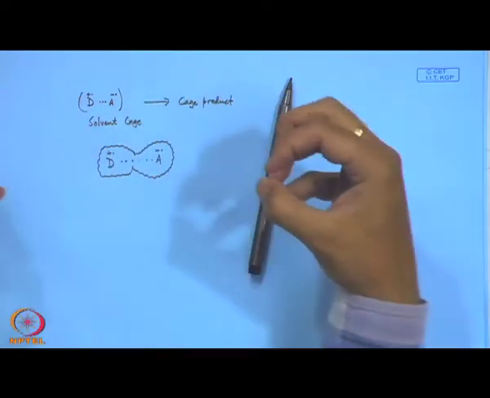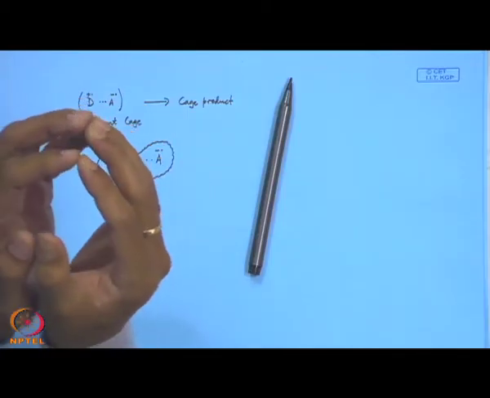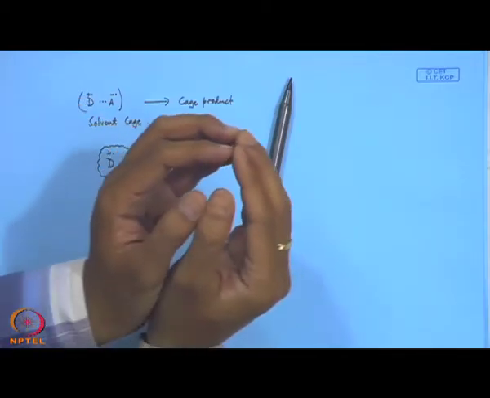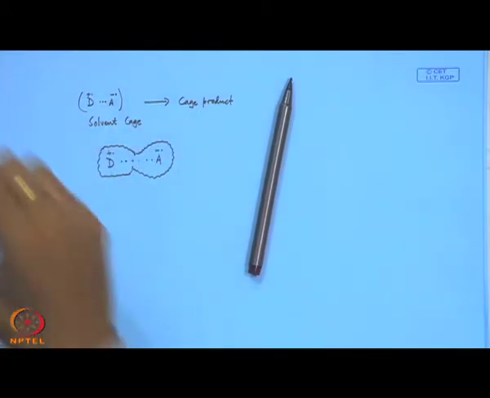As a result of diffusion, you can expect an escape from the cage. Cage means the initial solvent cage within which this radical pair is generated. Okay. That gives rise to the escape product.